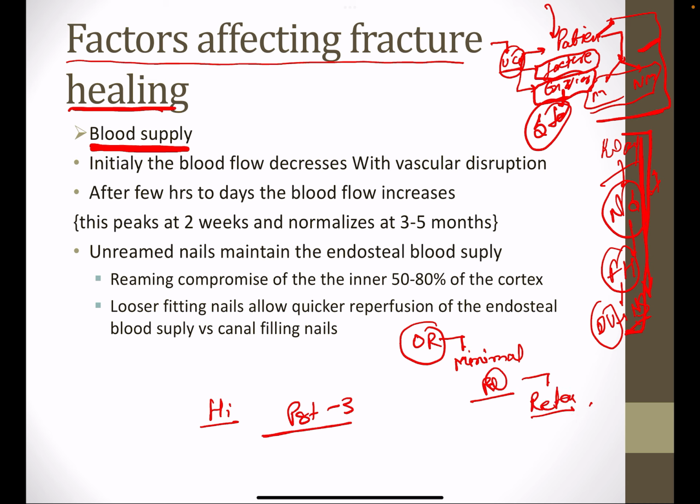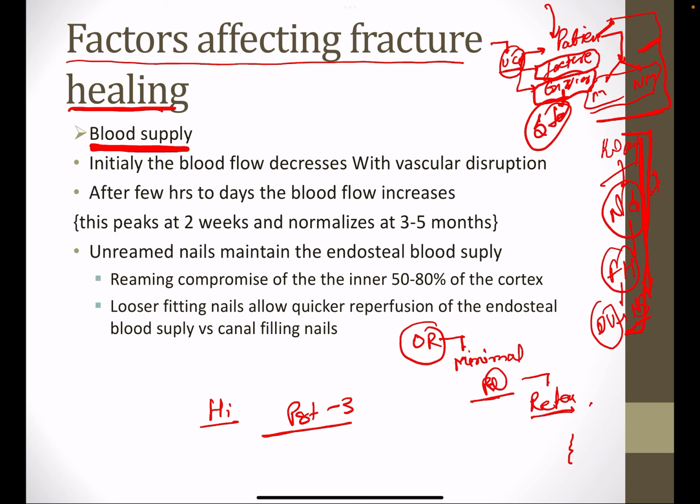For this concept, LC-DCP was made, low contact DCP was made. When you're doing plating, when you're opening it and putting an implant, which could cause a decrease in blood supply, we should be careful about periosteal stripping and non-rigorous retraction and dissection, so as to maintain the soft tissue and maintain the blood supply of the fracture fragment.